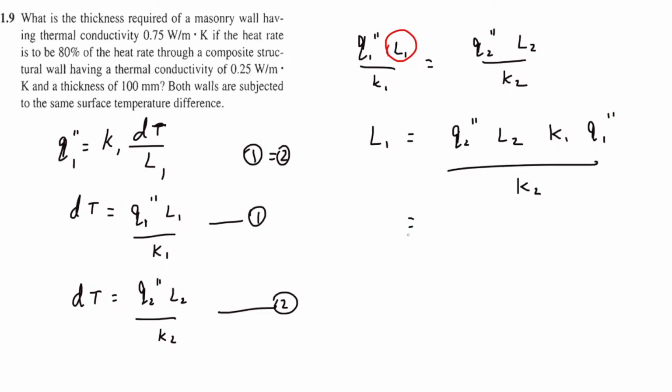So first, let's analyze this. First of all, we know that the first thermal conductivity k1 is 0.75, so I put that right here, 0.75 watts per meter Kelvin. And then they have given L2, which is 100 millimeter right here. Let's put the units as well, so we know everything.